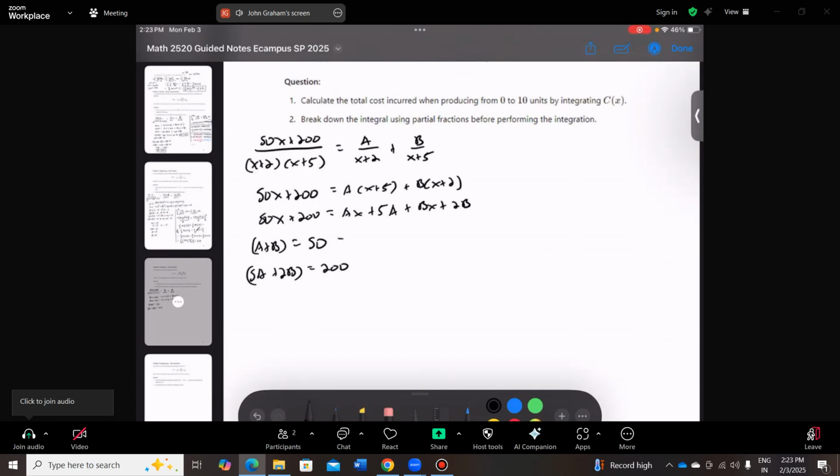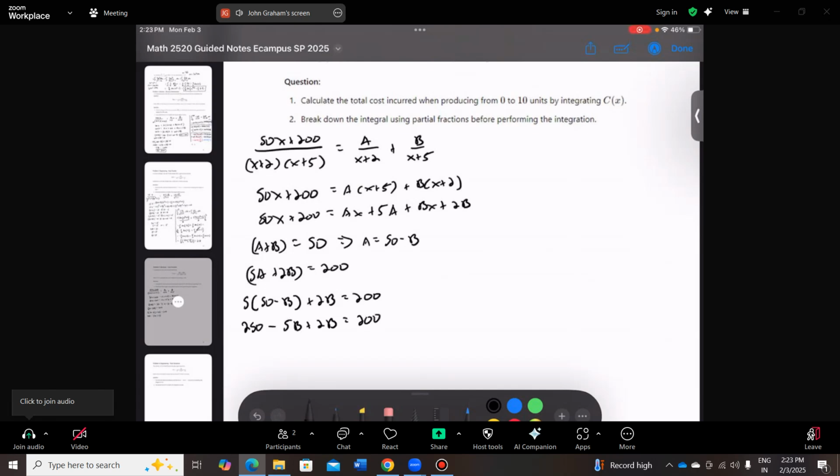So we can set a equals 50 minus b and plug that in. So 5 times 50 minus b plus 2b equals 200. Distribute this, you get 250 minus 5b plus 2b equals 200.